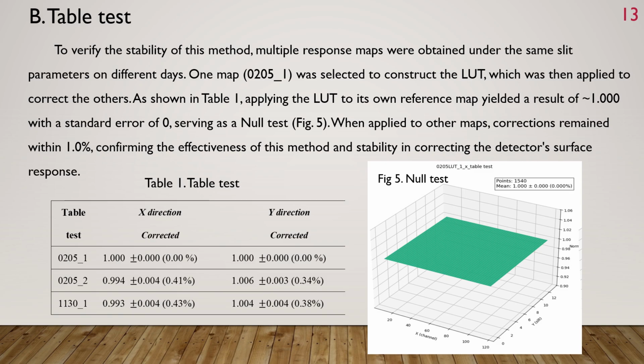When the LUT was applied to its own reference table, the result was around 1.0 with a standard error of 0, confirming that the method worked as a null test, as shown in Figure 5. When we applied the LUT to other tables, the correction remained within 1.0%, demonstrating that the LUT method is effective and stable in correcting the detector surface response.